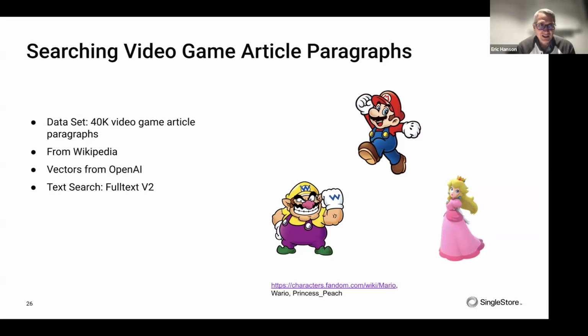We created a small or sort of medium-sized set of document data where we scraped Wikipedia for all the articles about video games, and we created a row per paragraph from these articles. And we also got vectors from OpenAI for each of these paragraphs, so we can do semantic search with vector-based search on the same information. So I'm going to show you several full text search examples with full text search v2, and then do a hybrid search example.